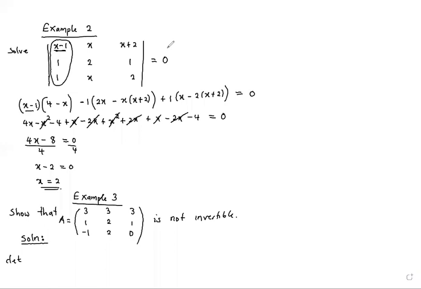Now let's see how this is not invertible. So show that A is not invertible. So let's see. You get the determinant of A. If the determinant of A comes out to be 0, then it's not invertible. So let's pick row 1. So we have 3. You cancel here, you get 2 by 0, that is 0, minus 2.